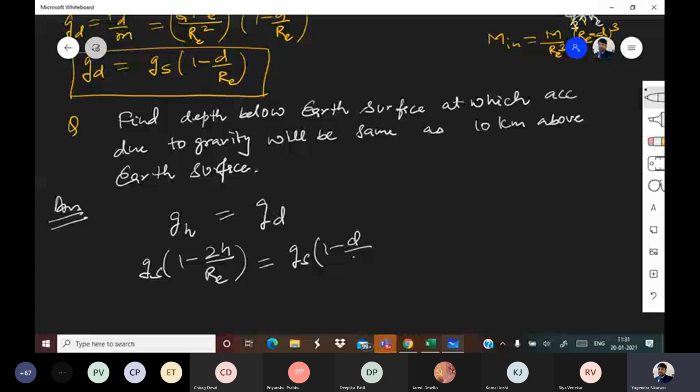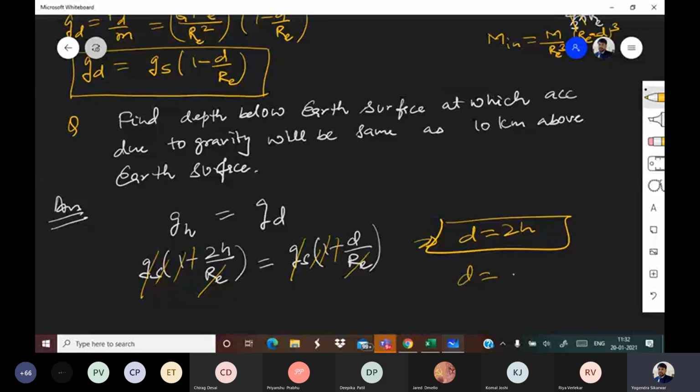Now if these two are equal, g_S cancels, then the bracket cancels, then 1 cancels, then minus cancels, then R_E cancels, and that gives you d is equal to 2H. So d is equal to 2H, which is 2 into 10, equal to 20 kilometers. Okay.